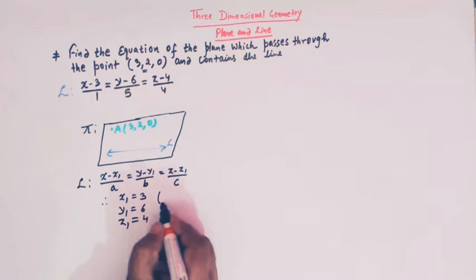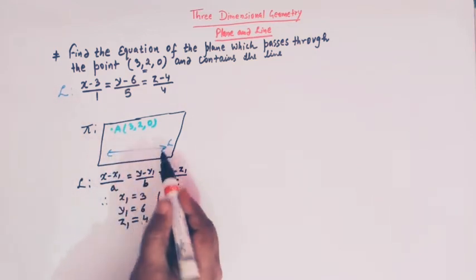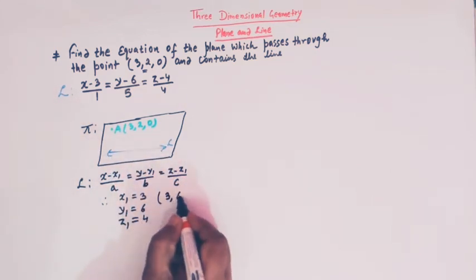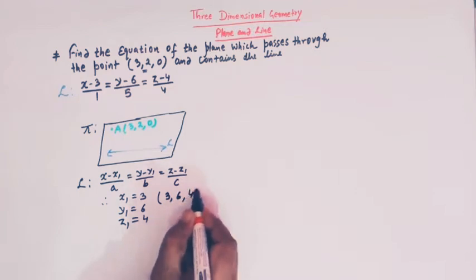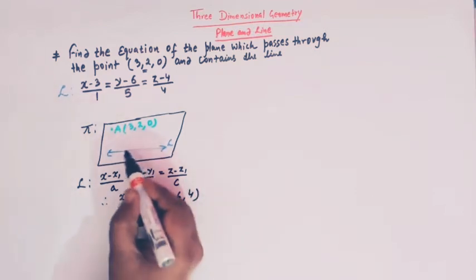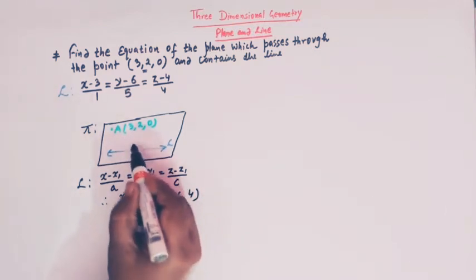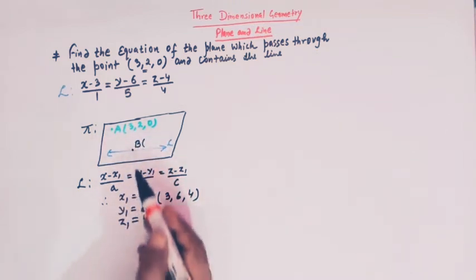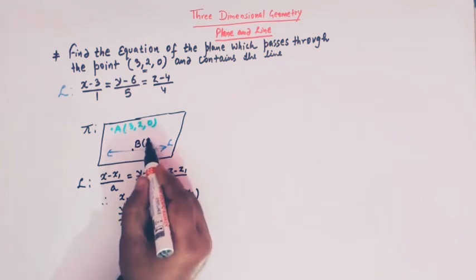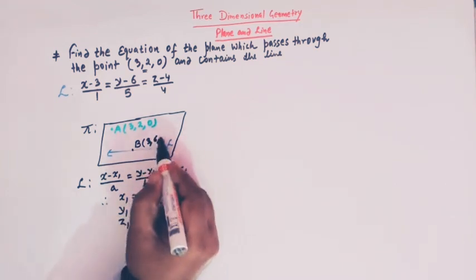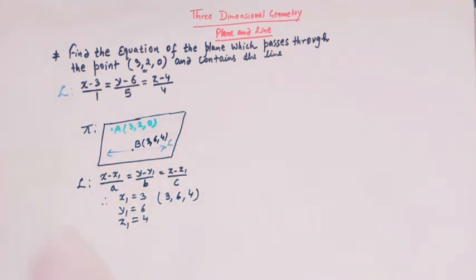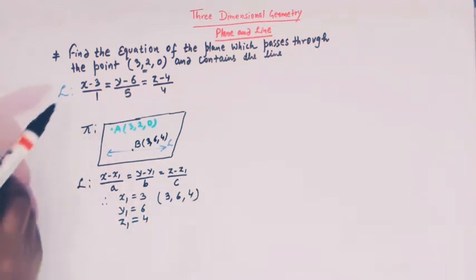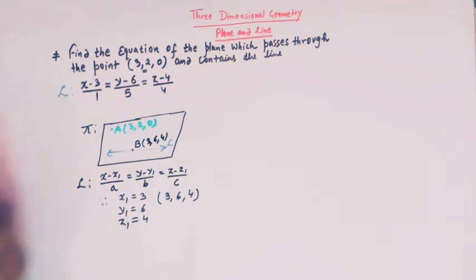So this line L passes through the point B (3, 6, 4). This is the first conclusion we draw from the equation of the line.